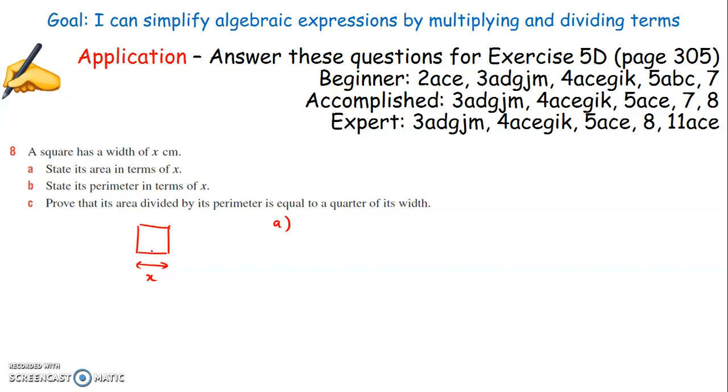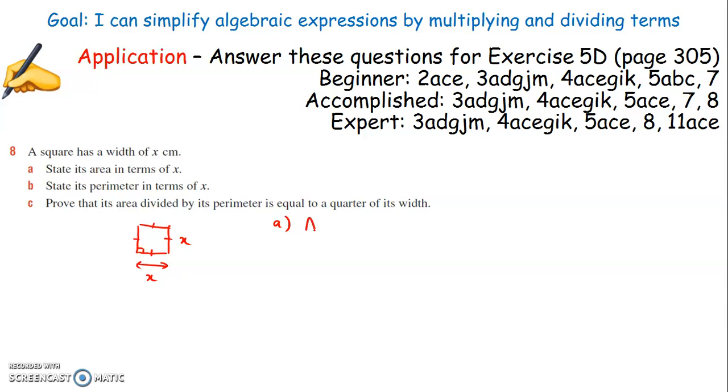Remember the square, it's got all the four sides having equal length, right? And also the angles are right angles as well. So if all the sides have equal length, then the width here is x, so that means that this is also x, and this is going to be x, and this is going to be x.